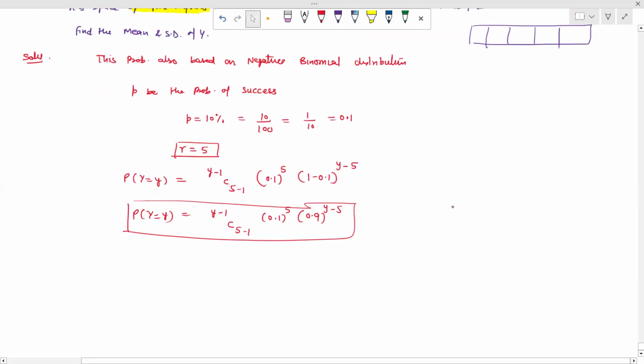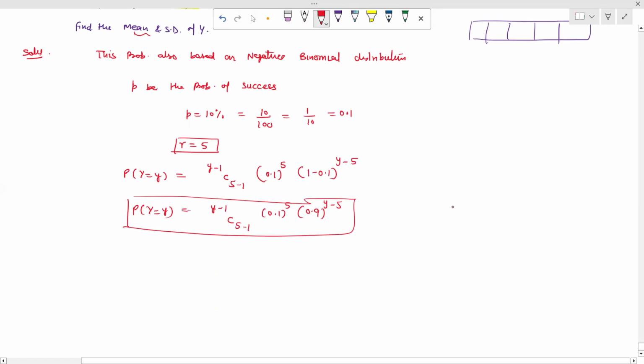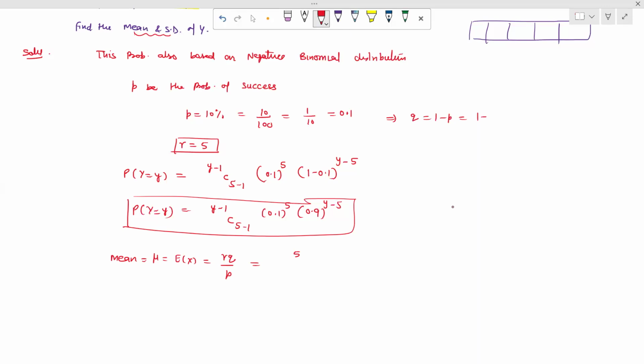Now here we calculate the mean and standard deviation. For calculating the mean, denoted as mu or expectation of x, it is rq upon p. So r is 5, and q is 1 minus p, which means 1 minus 1 upon 10.